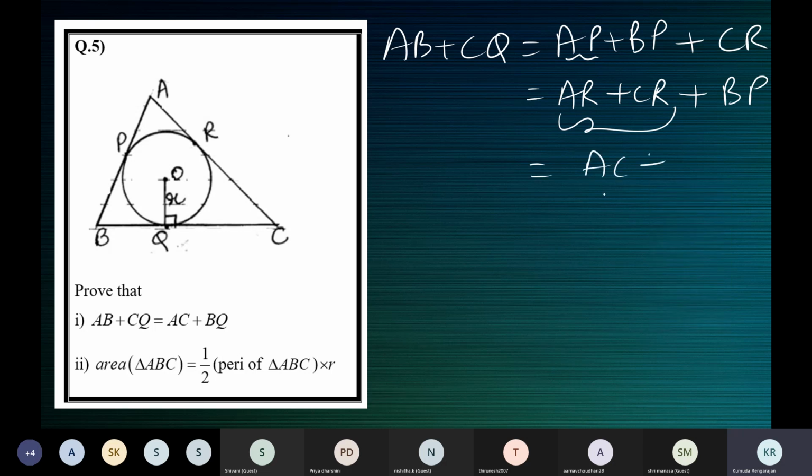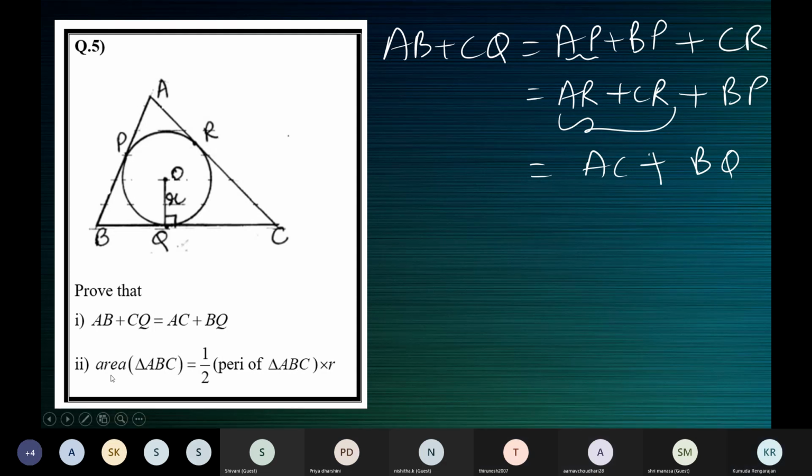But it should be BQ, so you can write BP as BQ, because tangents from the external point B to the circle are equal. Hence proved: AB plus CQ is equal to AC plus BQ. Isn't it simple, children? Yes. That's about the first part.